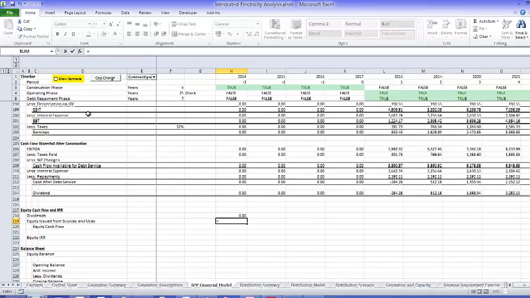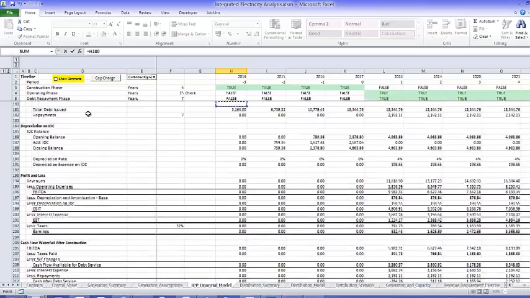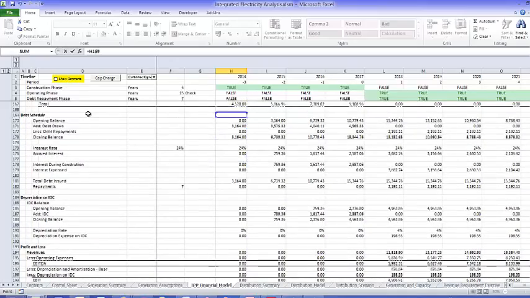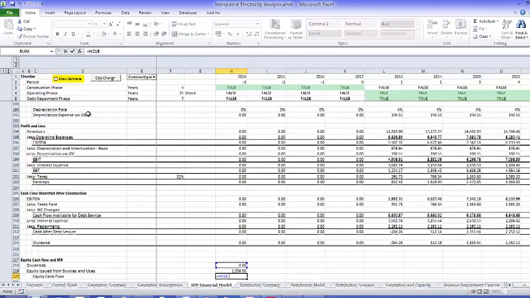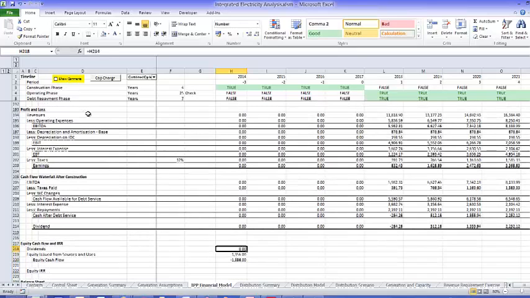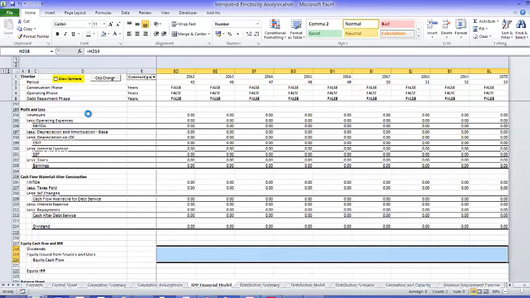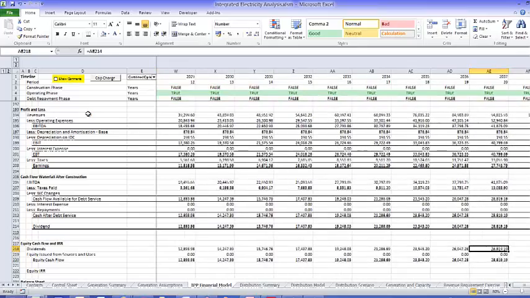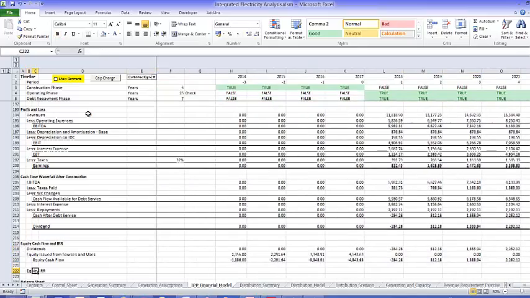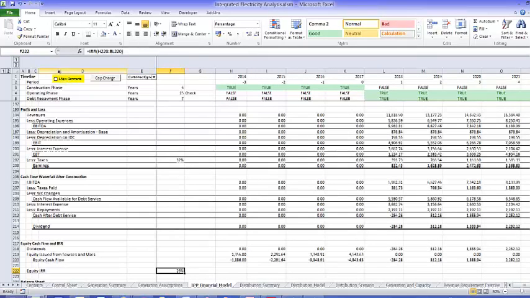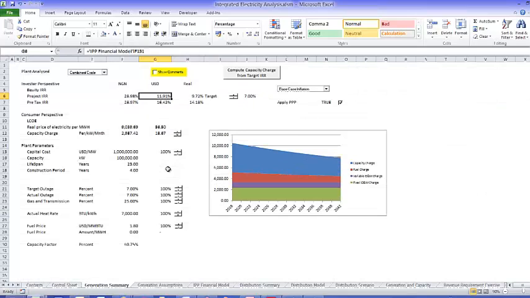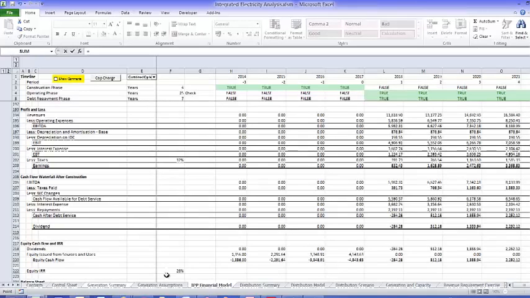But let's take our dividend, let's take our equity cash flow that comes from the sources and uses statement, and the dividend minus the equity cash flow, that's how much we earn. Okay, now with all of the other cash flows, we can put the equity IRR in as the IRR and shade the whole thing, so we get a 26% IRR. Now that IRR of 26%, that was in Naira.